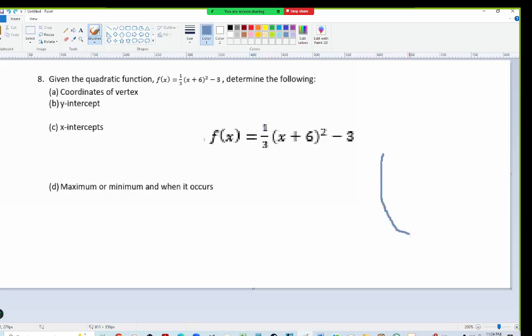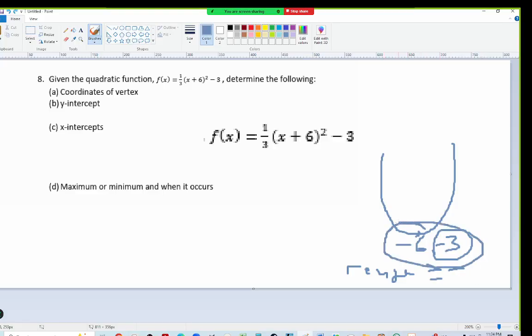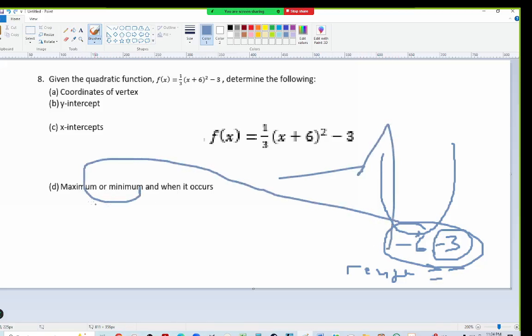So right down here at this point, it's -6, -3, which means this graph only exists from this point upwards, right? Which means its range is bigger or equal to the y value. Good? So that means this is a minimum.